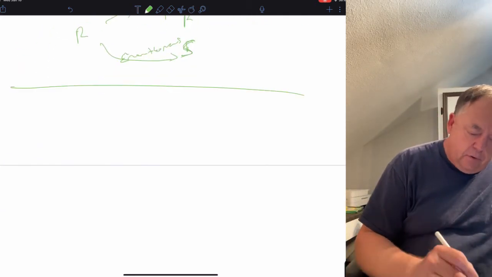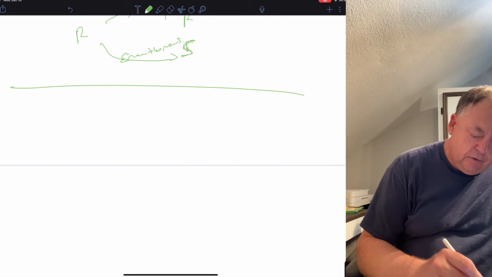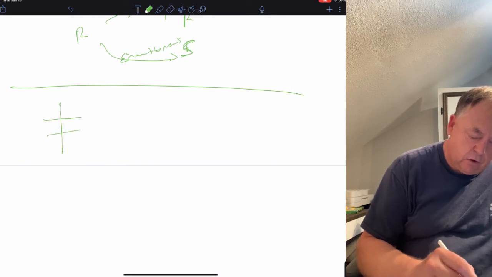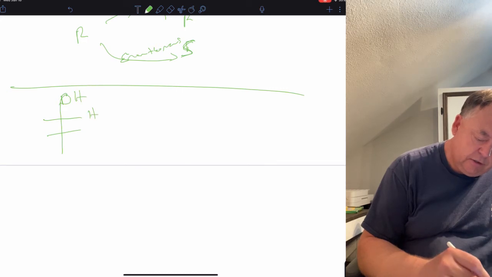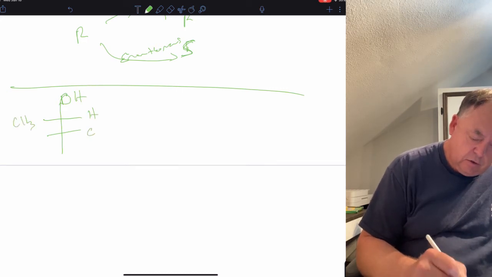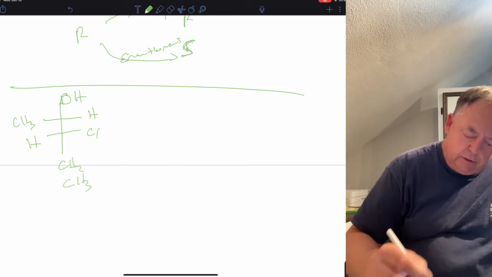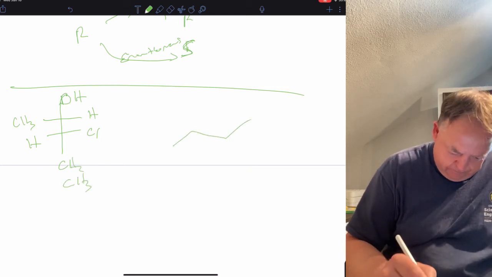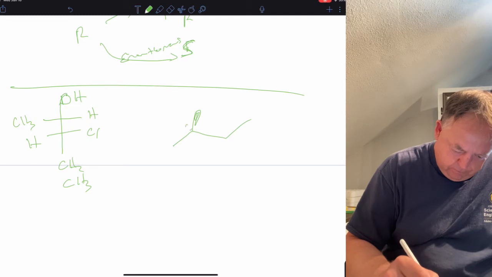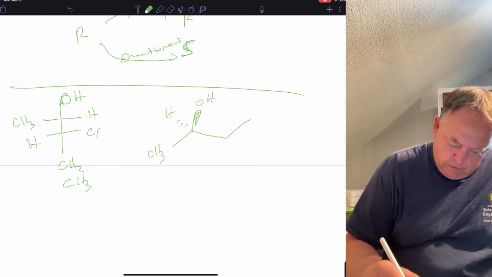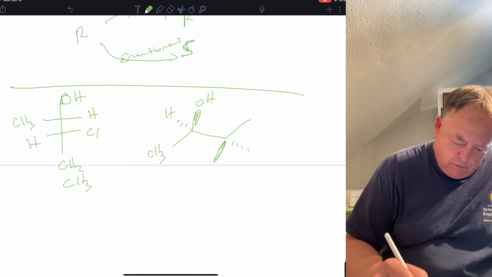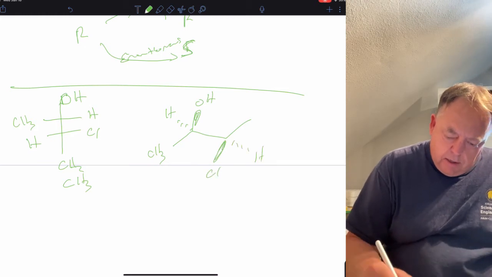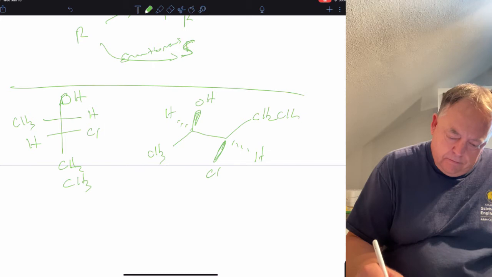So, for example, let's give you a couple of molecules with 2 chiral carbons. So OH, H, CH3, chlorine, H, CH2, CH3. So let's take that molecule, and that molecule.